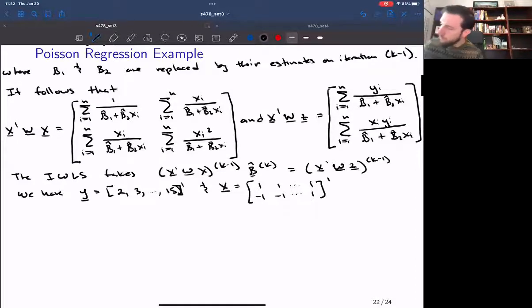Again, X is the design matrix, so we have that leading column of ones to account for the intercept term. And the second column, as shown on slide 22, is just the data given in the original table.